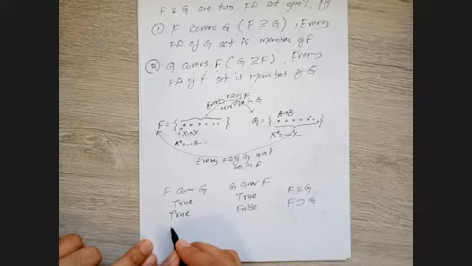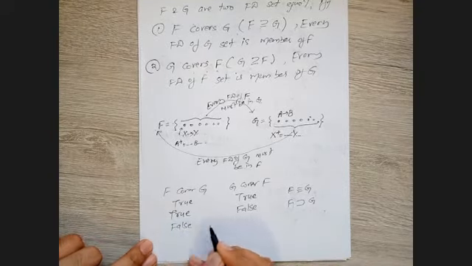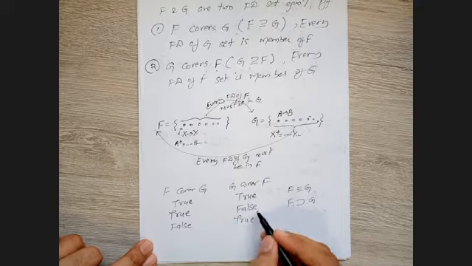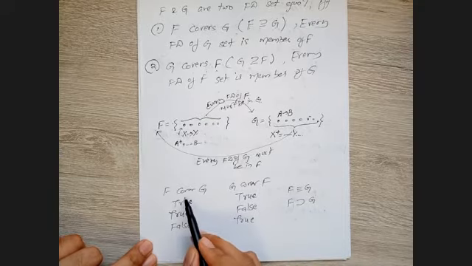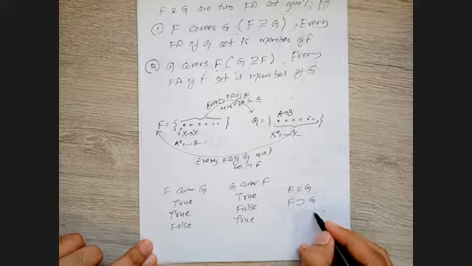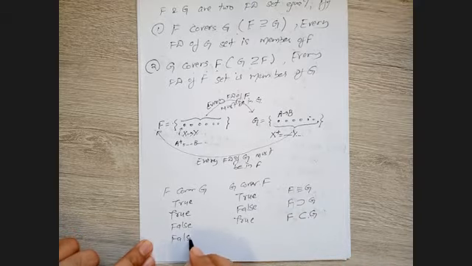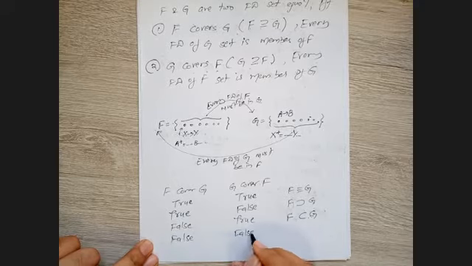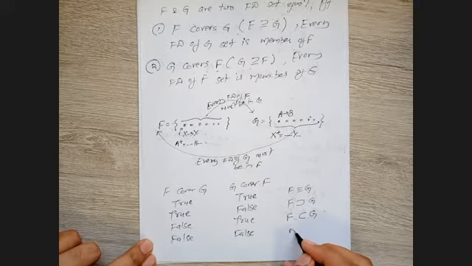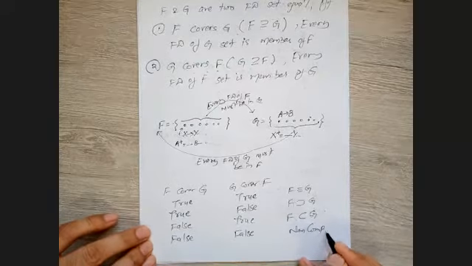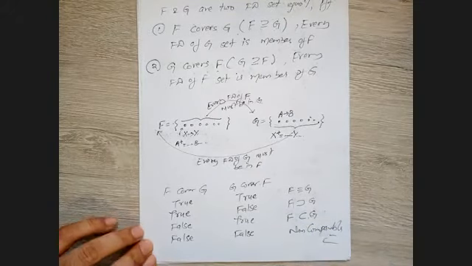But if the first is false and the second is true, then G is covering F, but F is not covering G. If neither is possible, then we say F and G are non-comparable.